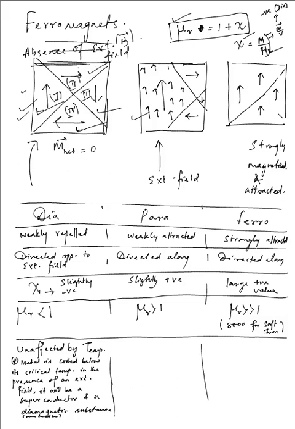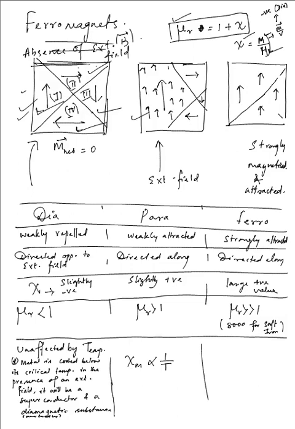But what about the case with paramagnetic substances? Well, in case of temperature, the susceptibility of these paramagnetic materials is inversely proportional to the temperature. And in case of ferromagnetic substances, it's the same thing.